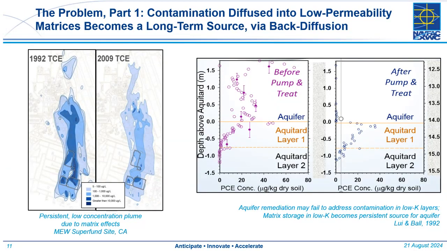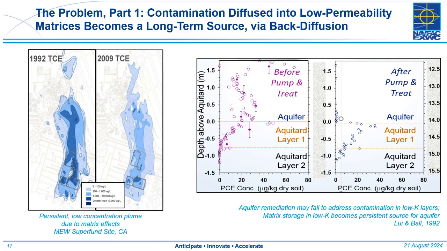Looking at the problem a little bit further, the graphic on the left-hand side is an example of the persistence of a chlorinated solvent plume. This is a TCE plume at the MEW Superfund site in 1992, a large regional plume, and we compare that against 2009, 17 years later.